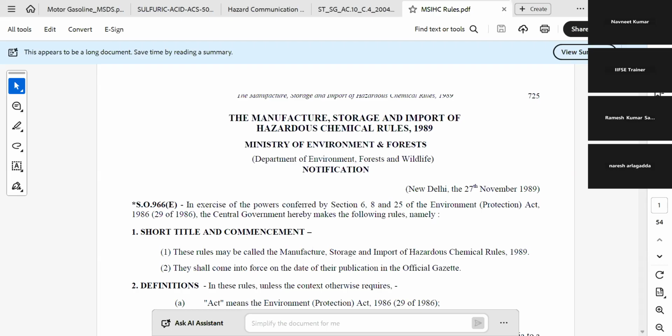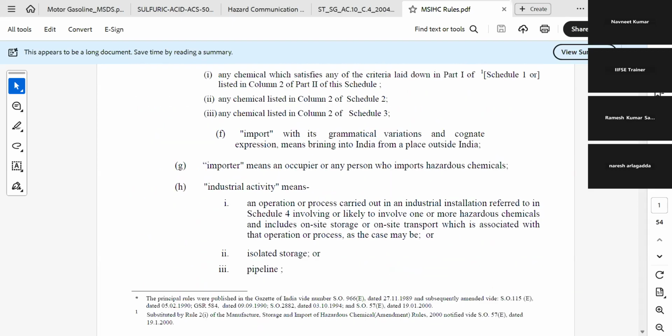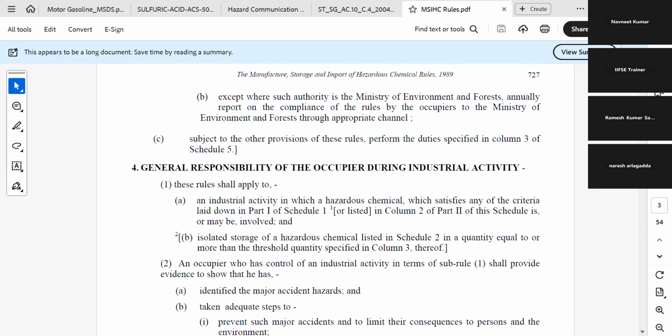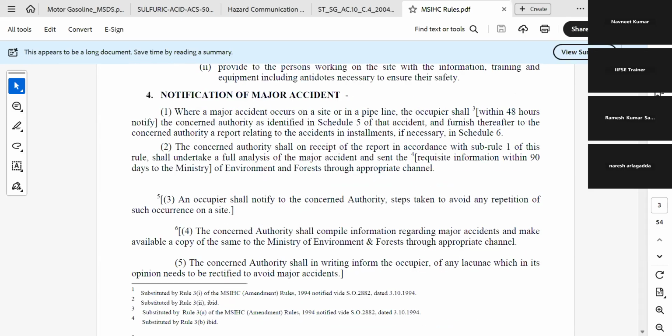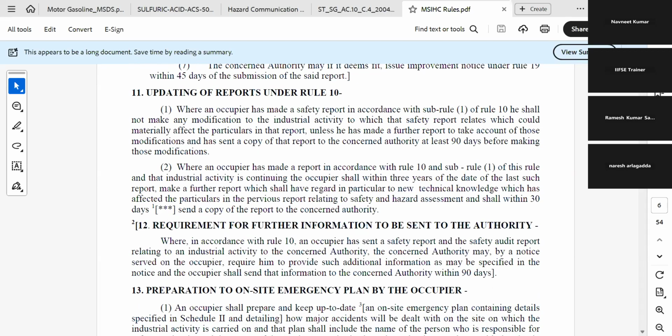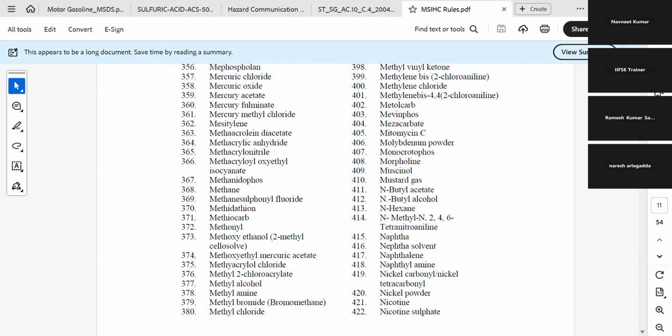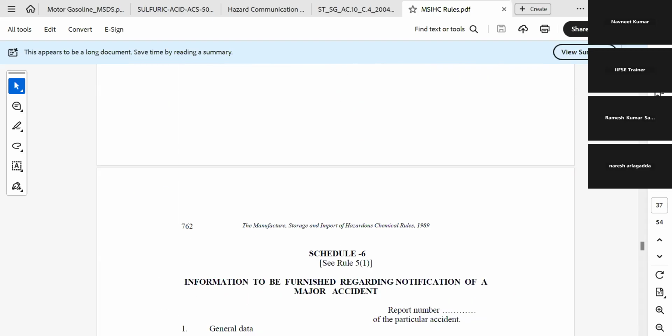I'm proceeding. As I mentioned, in the MSIHC rules 1989, I said rule number 9, that is my fault. It is not a rule. It is under schedule number 9, where we have the format for MSDS.